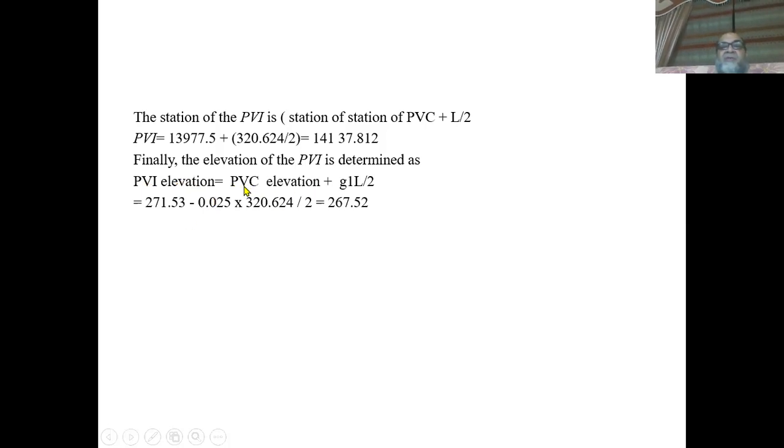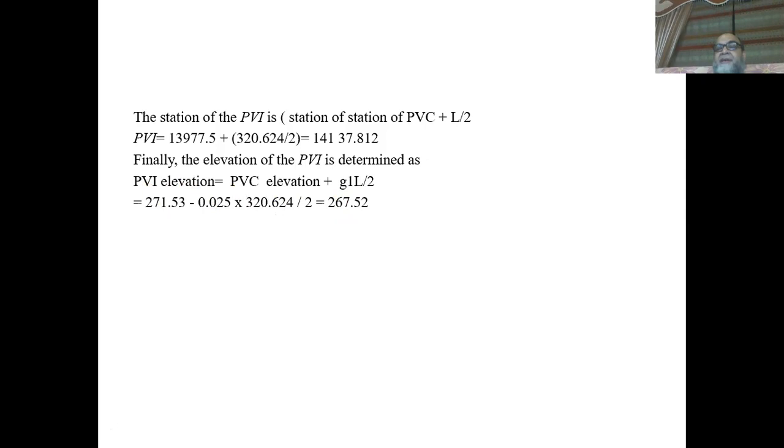Simply, the elevation of PVC plus G1 times L by 2, but since G1 is negative, this will be this. There is a basic concept while calculating the elevation along PVI or PVC. If it is a sag curve, you must remember that the elevation of PVI should be less than the elevation of PVC because it is a sag curve.